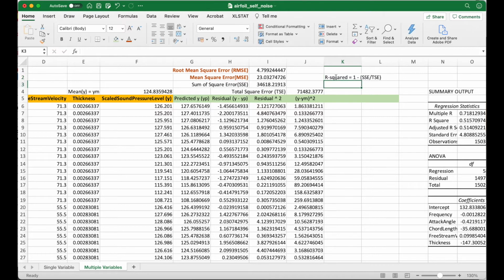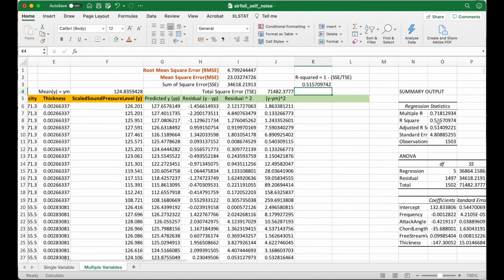So we can find this. So I say equal to 1 minus SSE divided by TSE. So I get a figure of 0.5157. Notice that our data analytic toolkit also determined R square is equal to this.